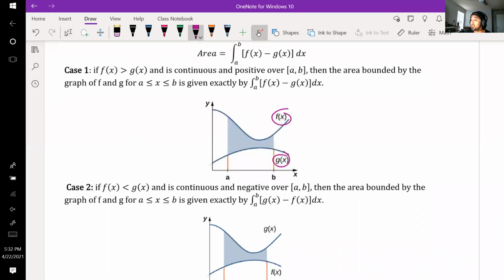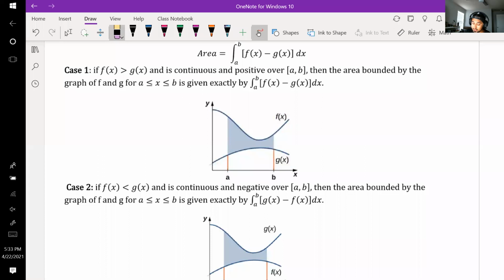Here's f of x, here's g of x. We see that f is above g, and we want to find the area between them on the interval a to b. So if we have case one, the formula is given by the integral from a to b of f of x minus g of x dx. So that's case one. If f is above g, we use case one.